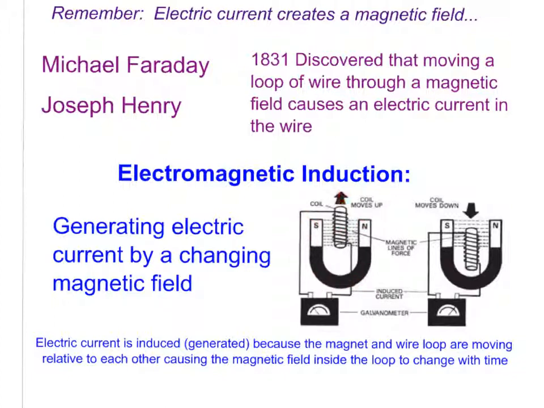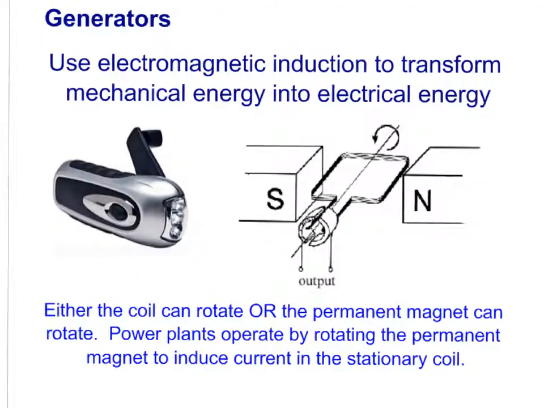From this picture to this picture, the wire coil is moving relative to that magnet, and because of that, the magnetic field inside of this coil, or even just a single loop, is changing over time, and therefore electric current is induced or generated through that wire.